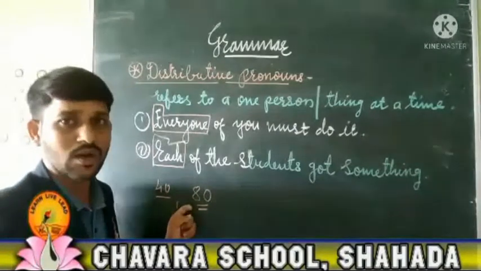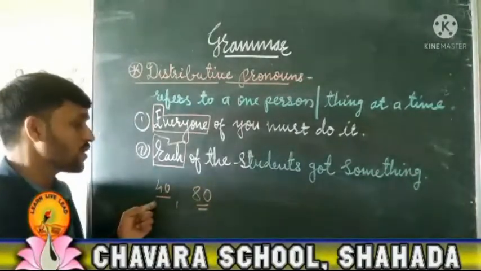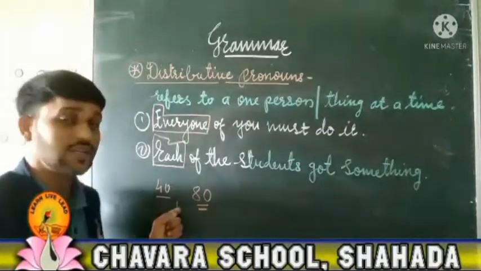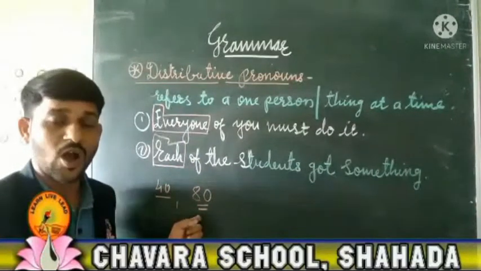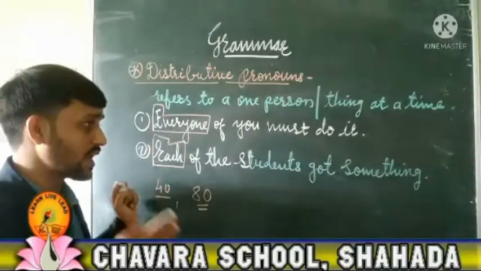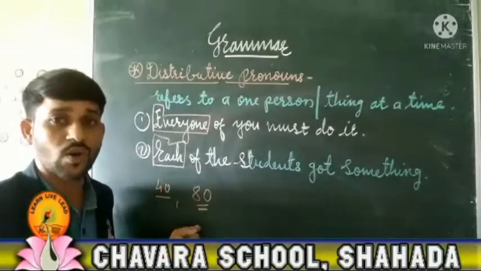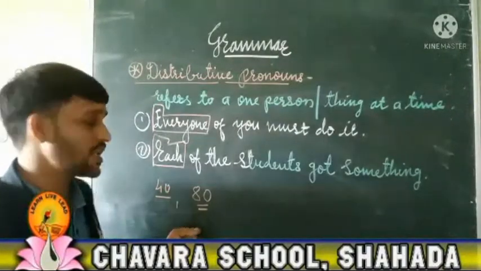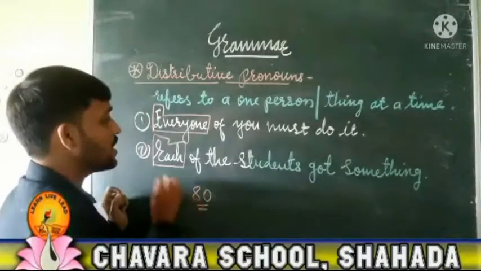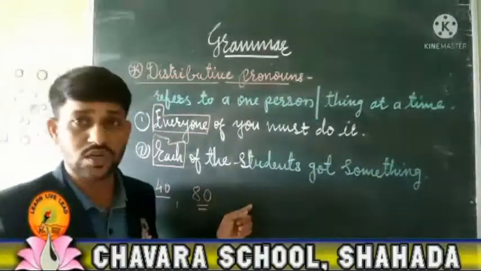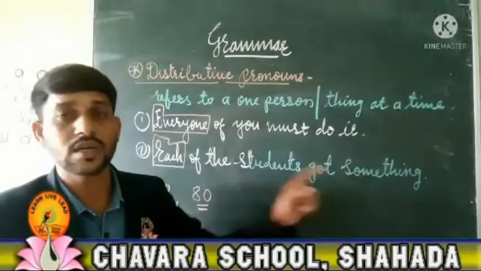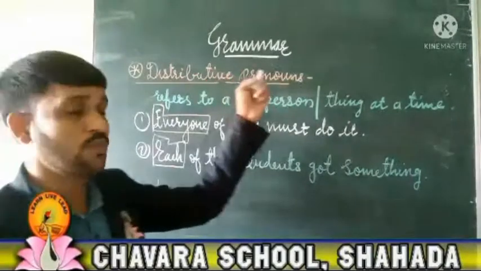We could say that each of the students will get chocolates. How many times will they receive chocolate? Each of the students will get chocolates twice. The 80 chocolates will be divided among each of the students, one at a time. Got it? This is called distributive pronouns.